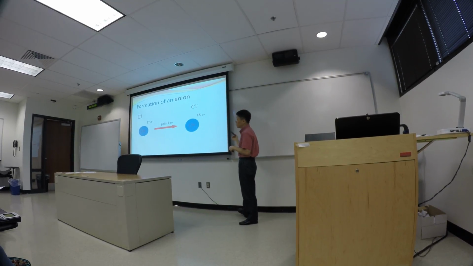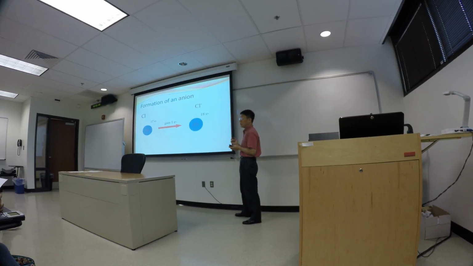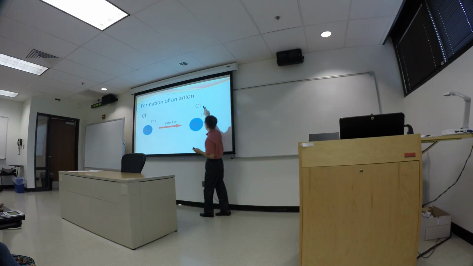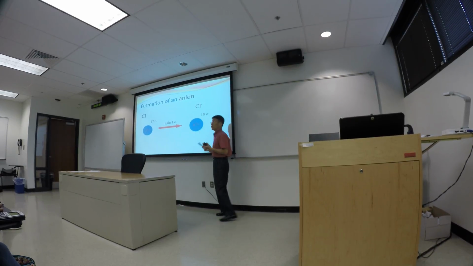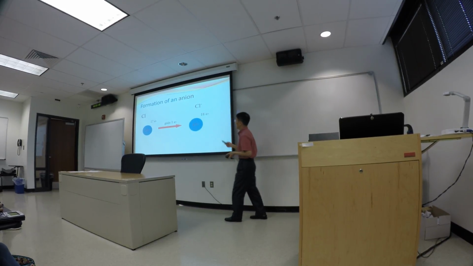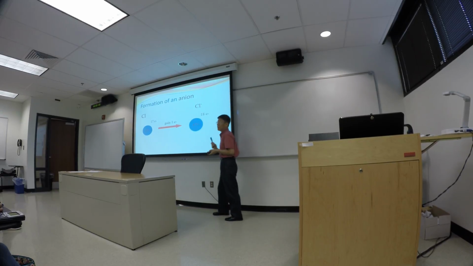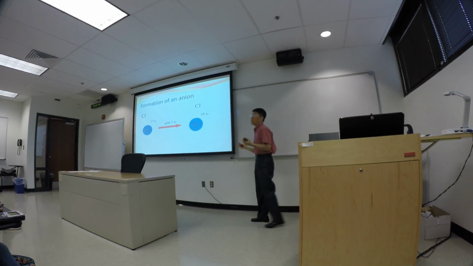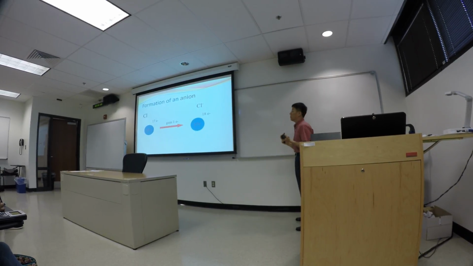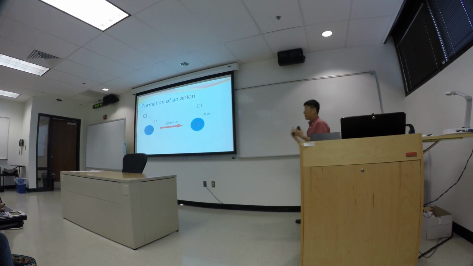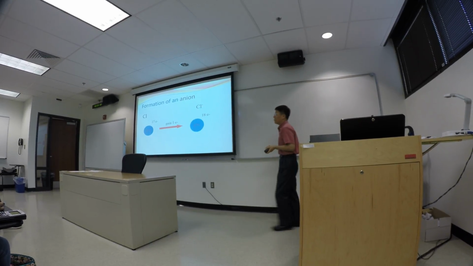If you have more than 1 negative charge, you put the number in: 2, 3, 4, whatever. When it's 1, you don't have to write the number 1 out, but when it's more than 1, you've got to put the number in. So this is the formation of the cation versus the formation of the anion. One is giving out electrons, the other is gaining electrons. Okay, so that's how the ion is formed.